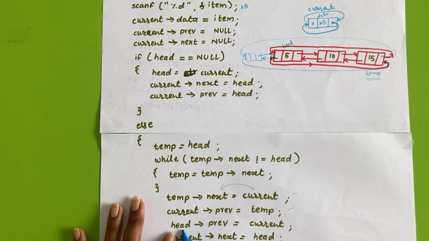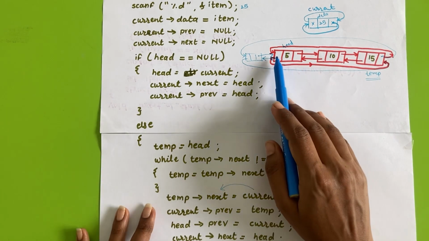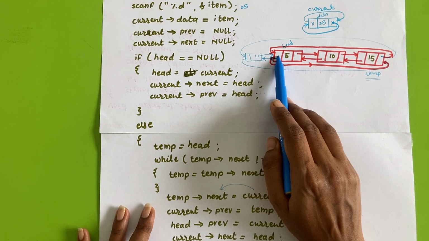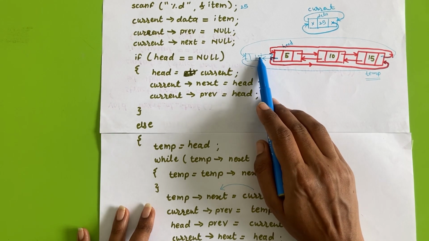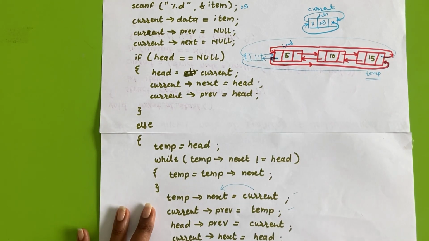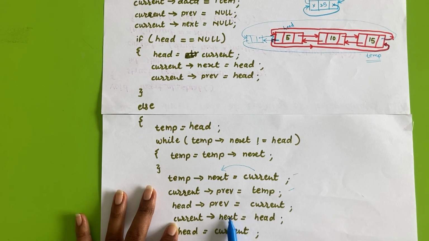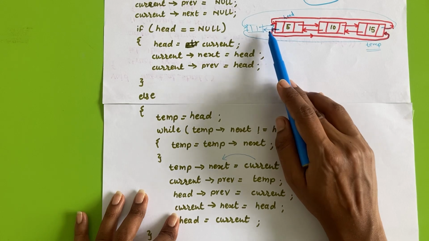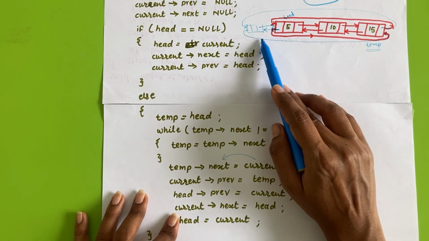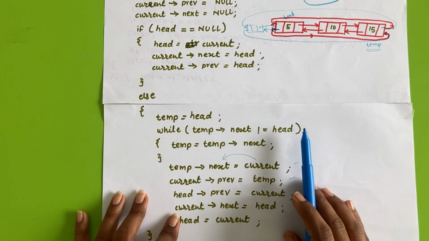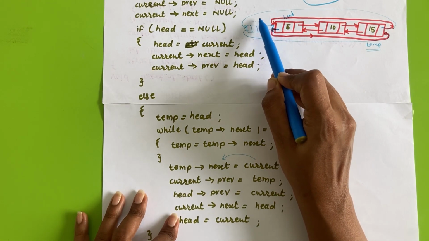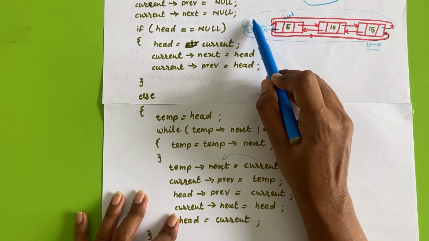Okay, so that's why head tends to previous is equal to current, and this current's next field will point to head node. Okay, so current tends to next is equal to head node. Okay, we have updated all these four pointer fields. Okay, now we have to assign the newly created node as the head node.